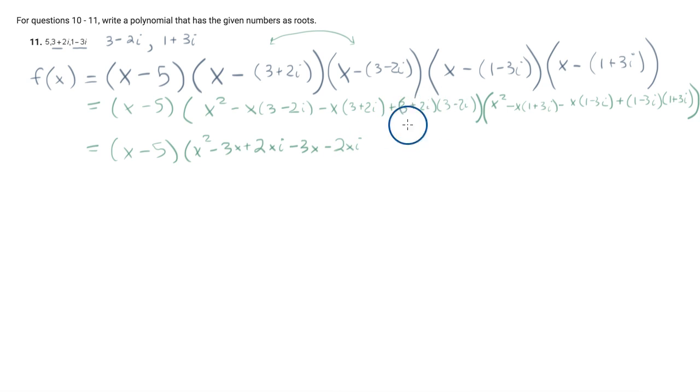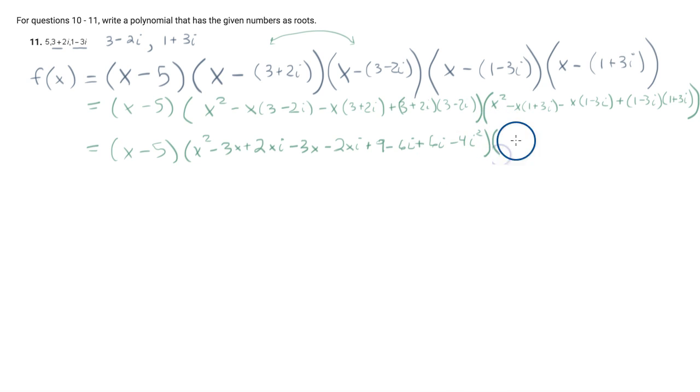And then we have to FOIL these here, or distribute if that's what you call it. So we'll have plus 9 minus 6i plus 6i minus 4i squared. Some people can simplify that a little bit faster if they know how to multiply conjugates the shortcut way.